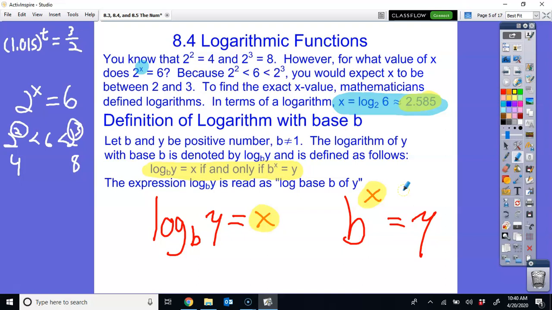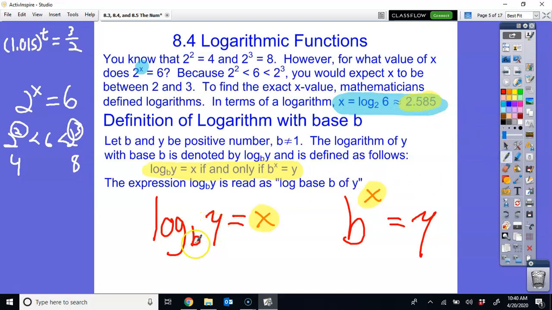Guys, that definition of the logarithm is going to be the thing. If you know it, it will make so many things with logarithms so much easier. It's not going to tell you everything about a logarithm, but it's going to be so important. So you will hear me say it numerous times, and I'm going to say it one more time even now.